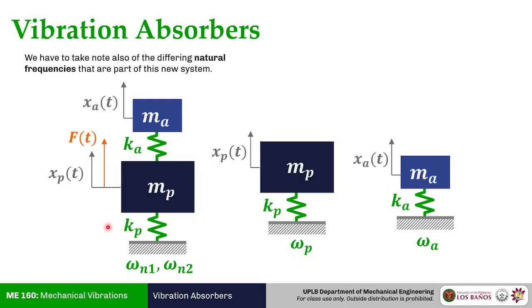So what does this mean? If my frequency omega hits omega p at this point, it will not trigger infinite magnitudes or infinite amplitudes. So that is the difference. And my new infinite amplitudes will be positioned at different and distinct natural frequencies from what I originally had.